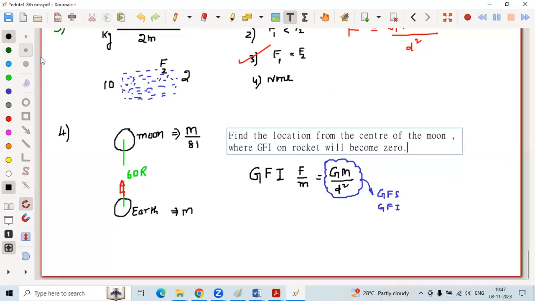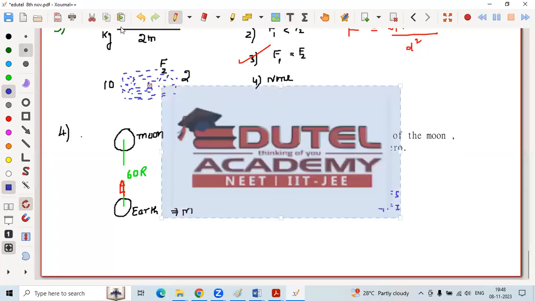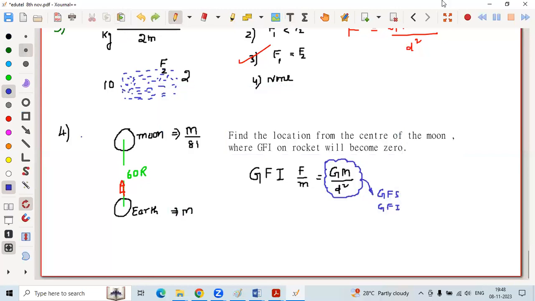See, let me write in another page. Okay, I copy again. m by 60r.